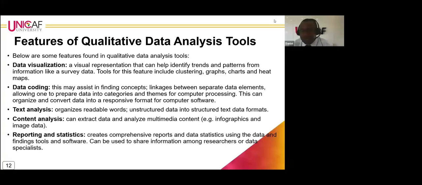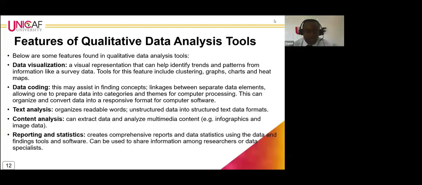You may have tools in this feature that may include graphs, charts, and maps. You also have a feature that is interesting, coding. The data coding feature can help you in finding the concepts and linkages between the separate data elements. It may allow you to prepare data into categories, into themes that a computer can process. This can organize and convert data into a responsive format for computer software.